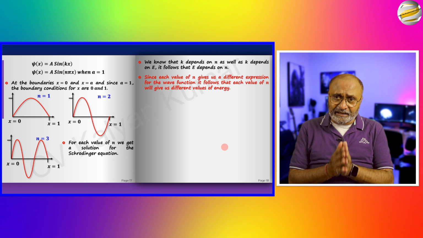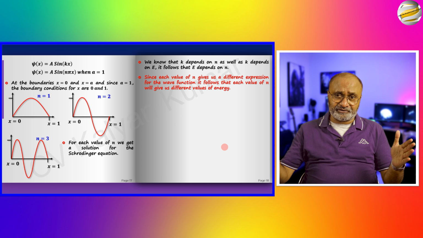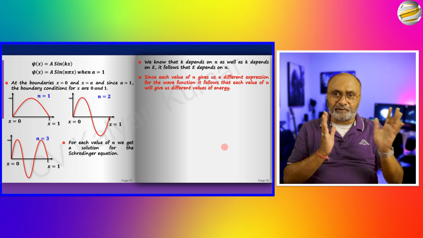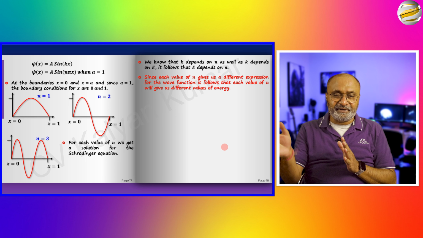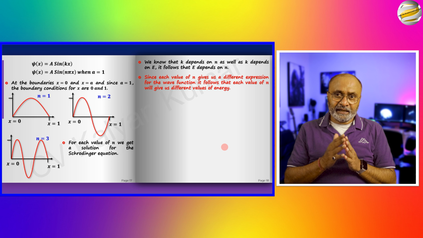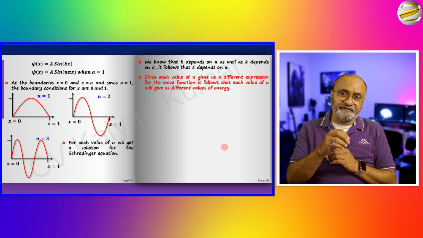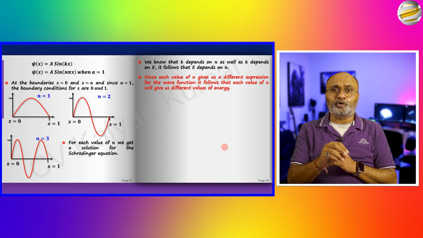So what we have done is we took an equation that satisfied the differential equation. We put the boundary condition and B became 0. Then we put the second boundary condition. We found that only certain values of k would make the sine 0.